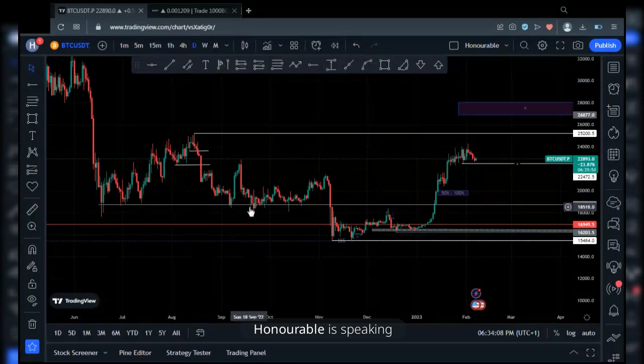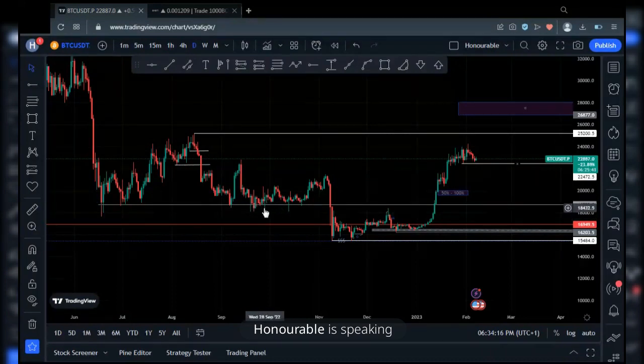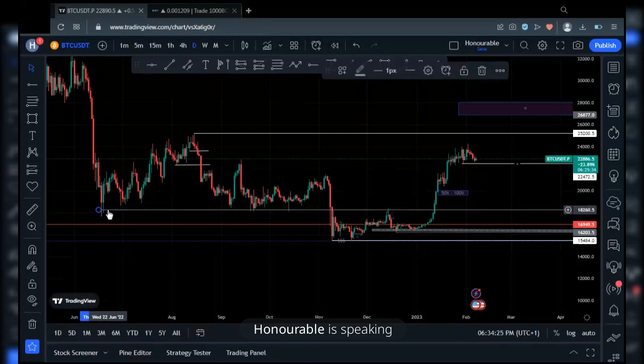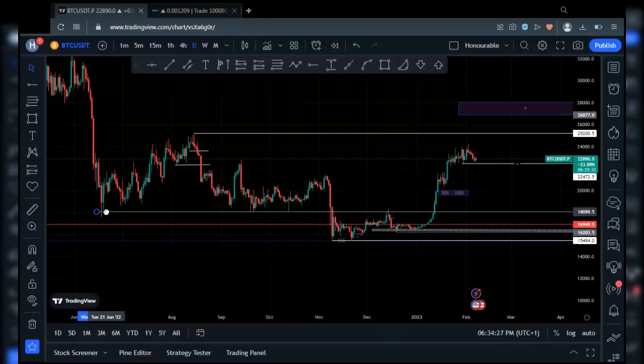But later we see that the support zone has gone beyond just this horizontal level. When you see these wicks below, you want to tweak your level and take it downward to fit this touch. And you see, nicely, we have this zone.